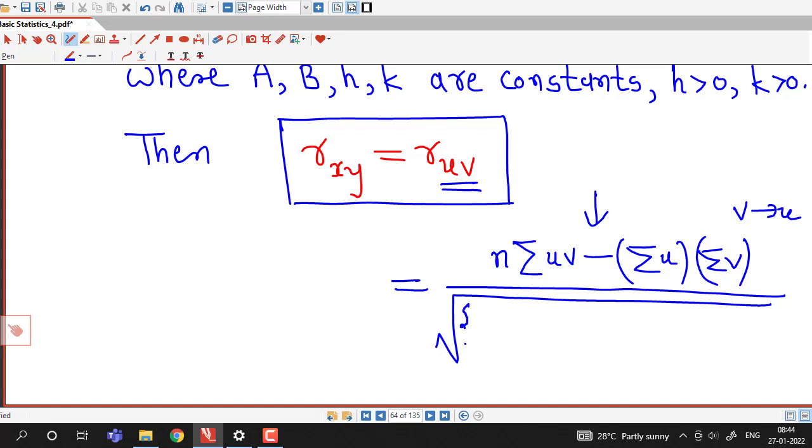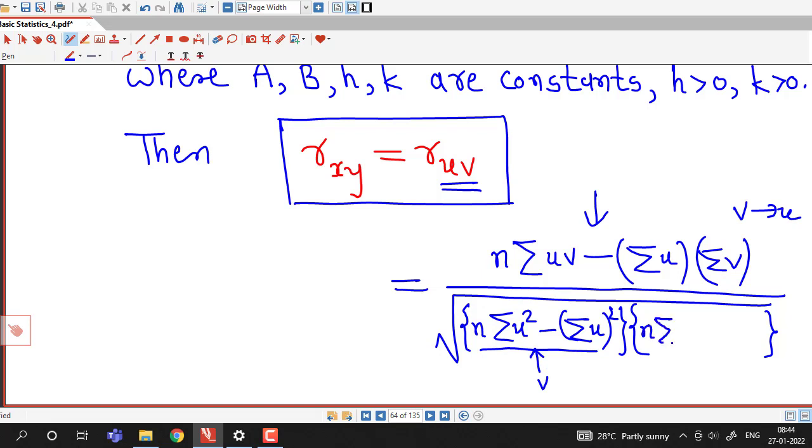So we obtain n times sigma u square minus sigma u whole square, and another term we write by replacing u by v in this term. So n times sigma v square minus sigma v whole square.